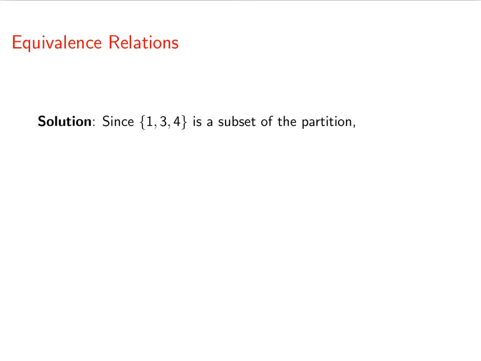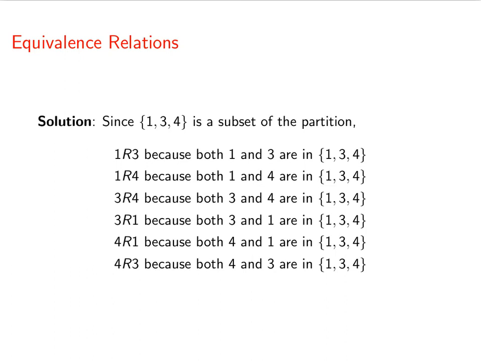All right, we know that {1, 3, 4} is a subset of the partition. So we need all of these things in the relation. So for example, 1 is related to 3 because 1 and 3 are both in this set. 1 is related to 4 because both 1 and 4 are in this set, and so on.